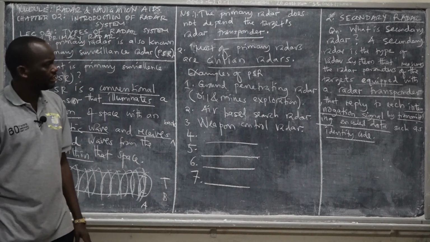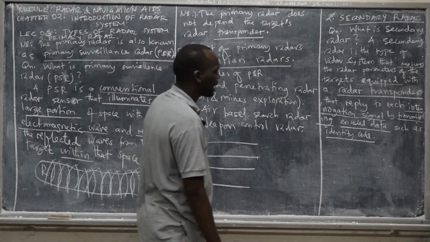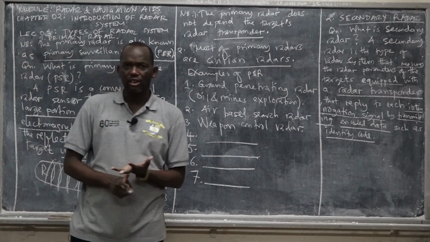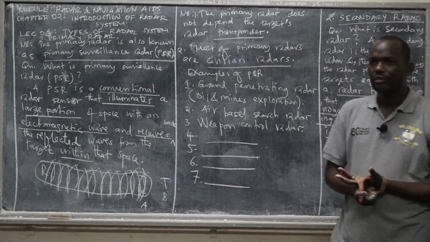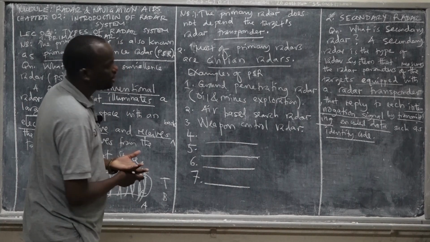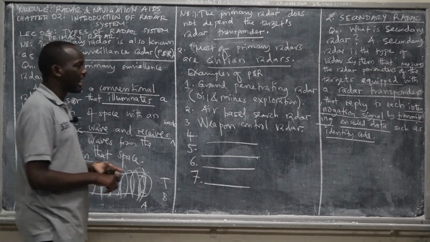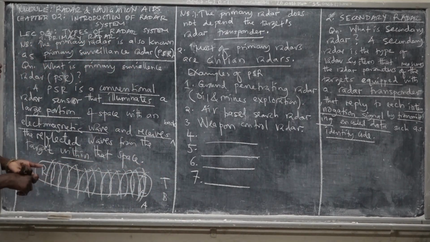A secondary radar is a type of radar system that measures the radar parameters, meaning it determines the range of the target, the elevation angle, the azimuth angle, and the radial velocity of the target, which is equipped with a radar transponder that replies to each interrogation signal by transmitting encoded data such as identity code.